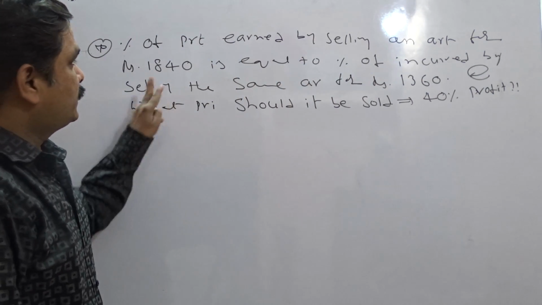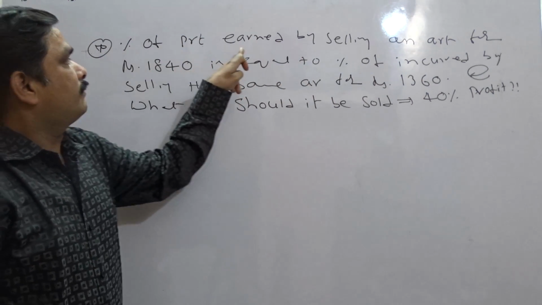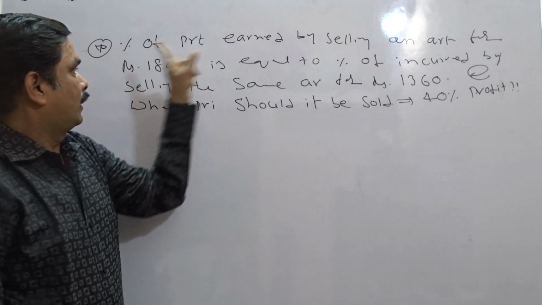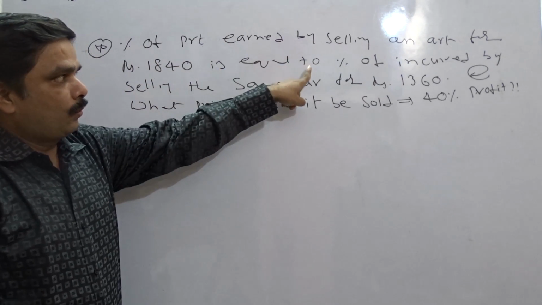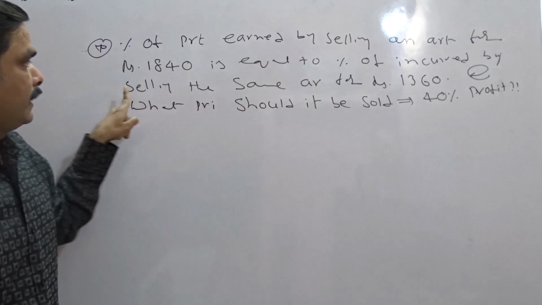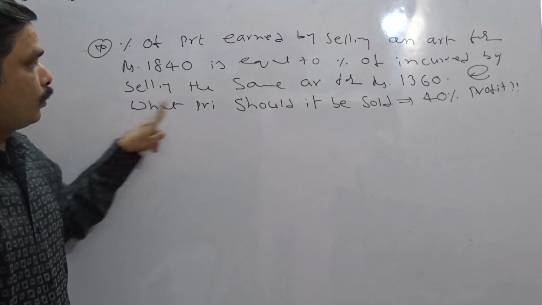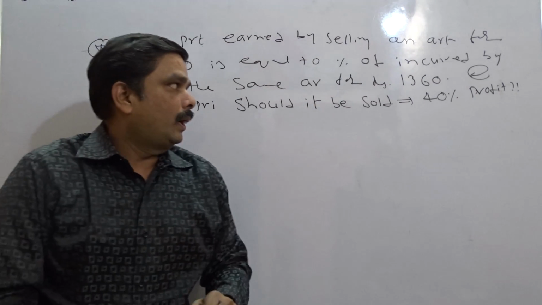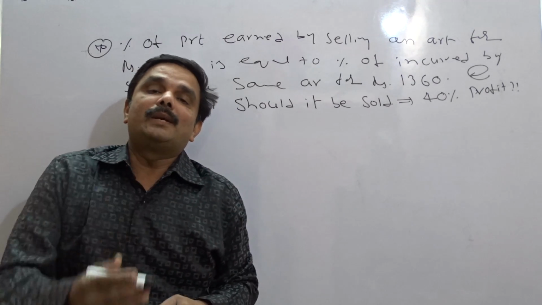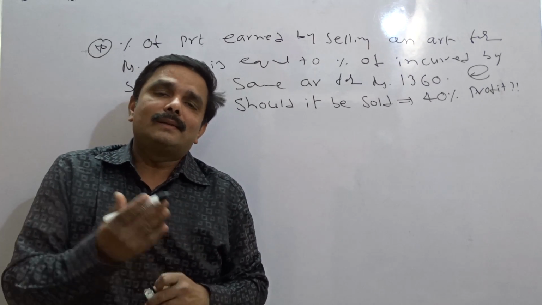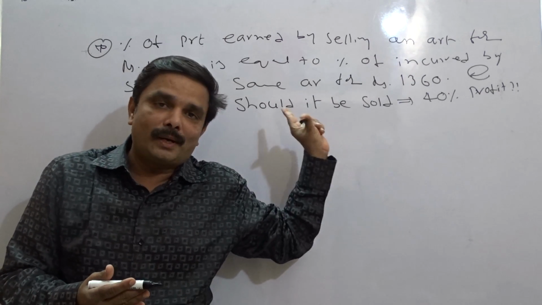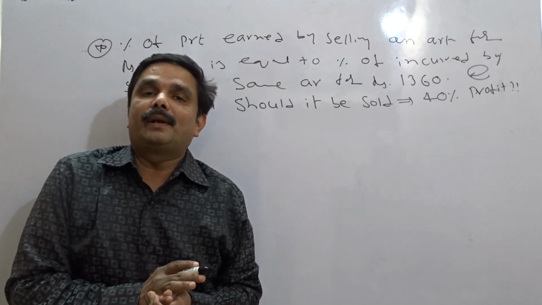Now let me repeat the question for you. The percentage of profit earned by selling an article for 1840 is equal to the percentage of loss incurred by selling the same article for 1360. Then at what price should it be sold to get 40% profit? This is also a most commonly asked question in various competitive exams.